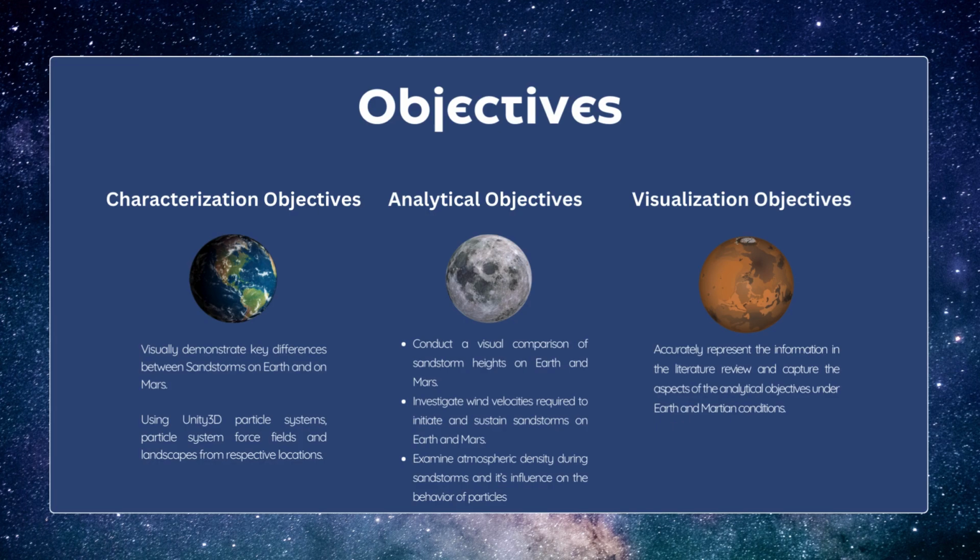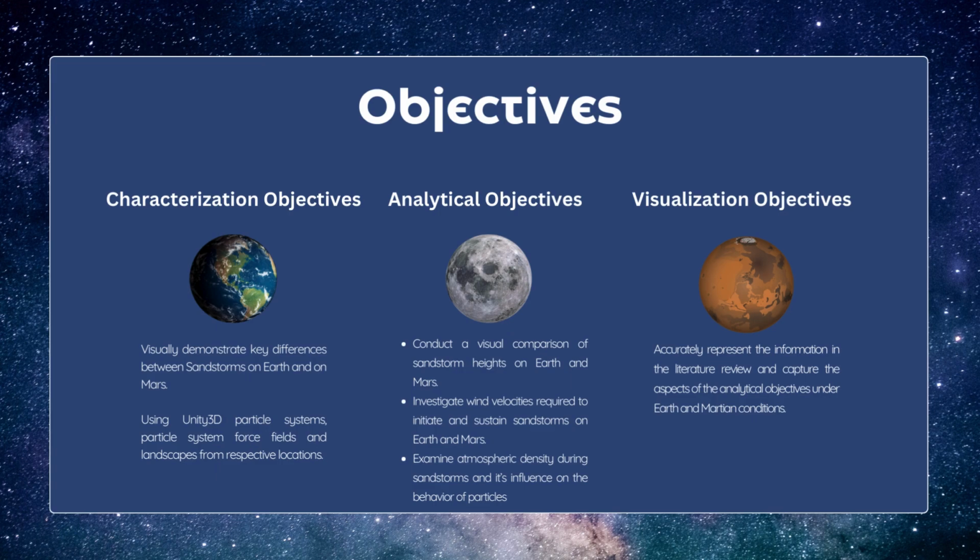The objectives of my project for characterization were to visually demonstrate the key differences between sandstorms on Earth and on Mars using Unity3D particle system force fields, and landscapes from respective locations.